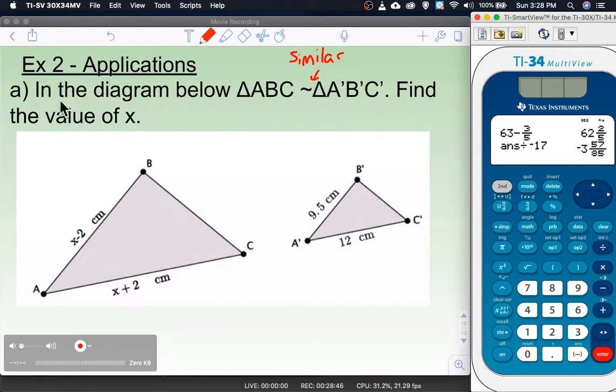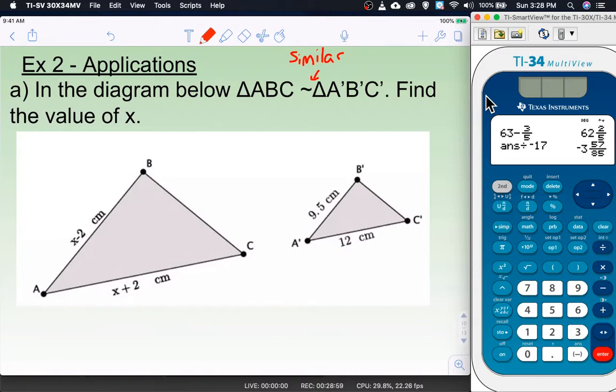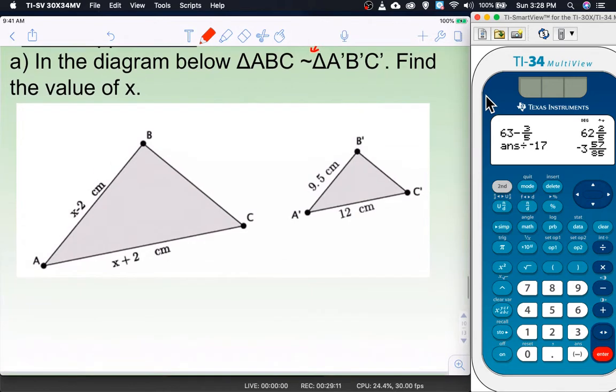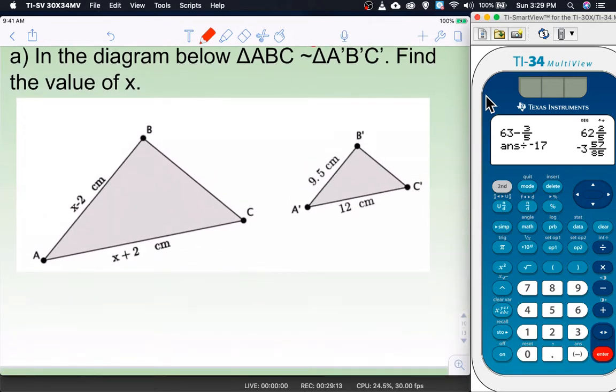Find the value of x. Now we can do that relatively easily because if two shapes are similar, they are in proportion. So we can use a proportion to find missing sides, which I'm going to do.